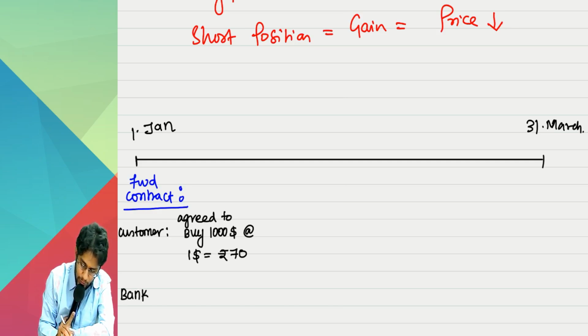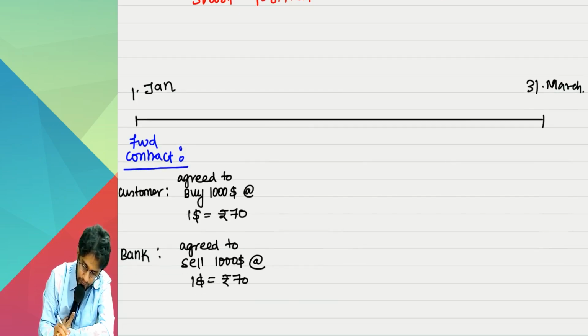If the customer agreed to buy, then who is agreeing to sell? Bank is agreeing to sell $1,000 at the rate of $1 equals rupees 70 on 31st March.